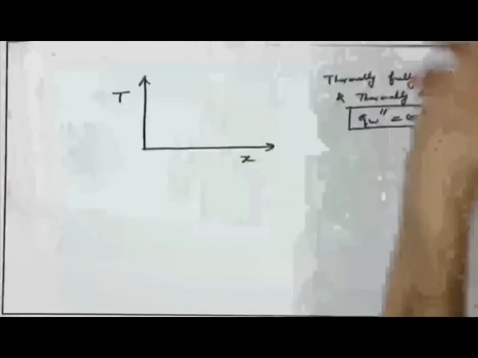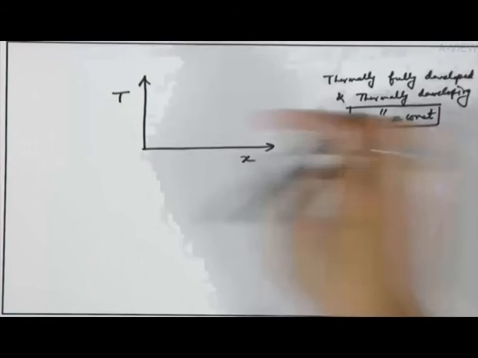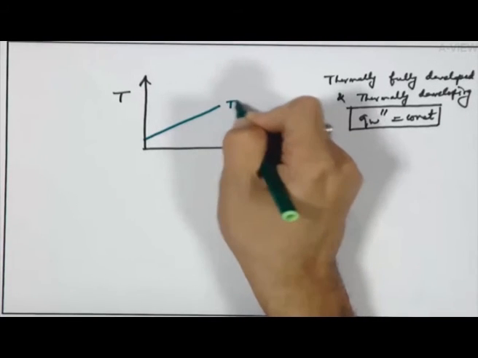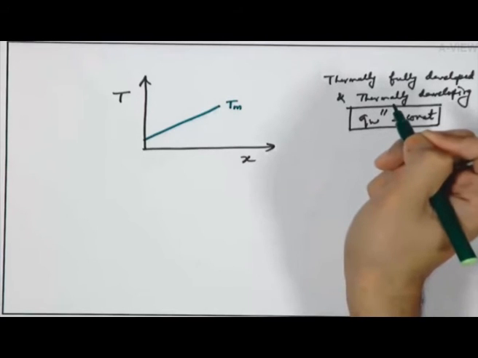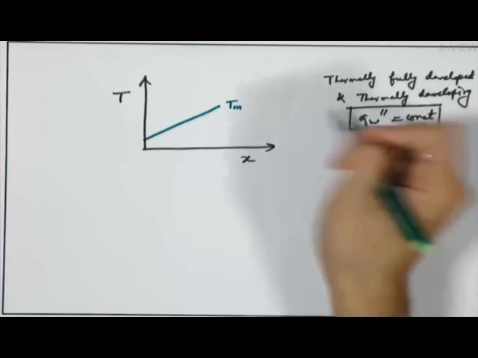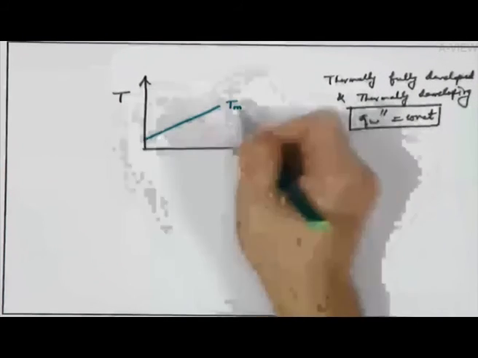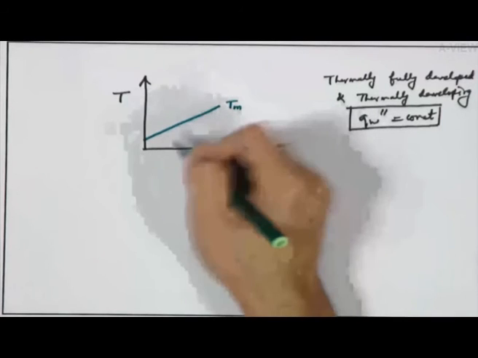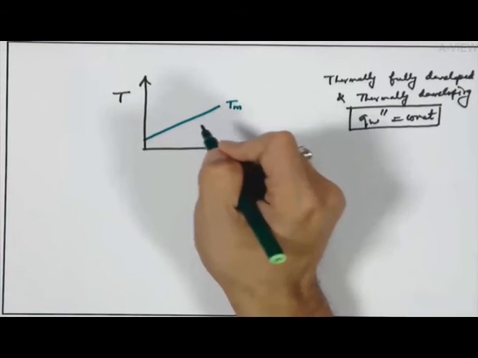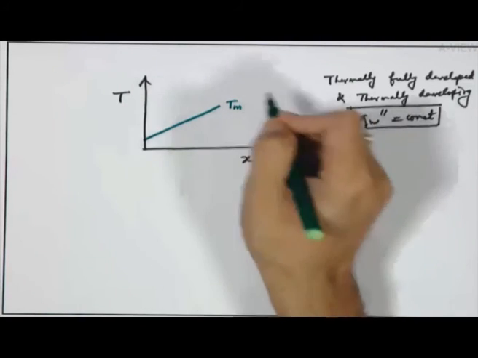So if dTm dx is constant, that means Tm versus x is linear. So this is Tm. dTm dx equal to constant for thermally fully developed flow with constant wall heat flux, but it is also a constant for a general flow no matter whether it is thermally fully developed or not. From energy balance we can tell that, provided there is no axial conduction.